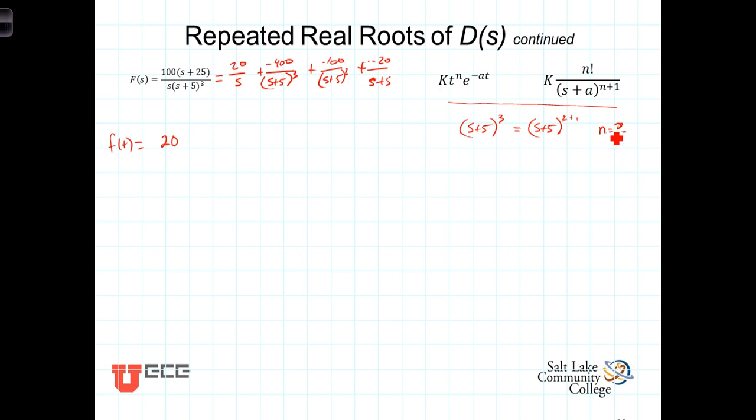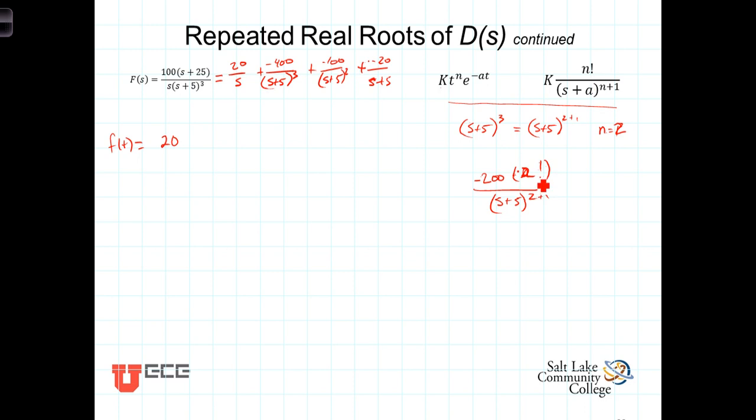We need to get it into this form where we have an n factorial, or a 2 factorial. Here I have a constant of minus 400, so I'm going to write that as minus 200 times n factorial, which is 2 factorial, over s plus 5 to the 2 plus 1 term. In this form, we now have a k value of negative 200.